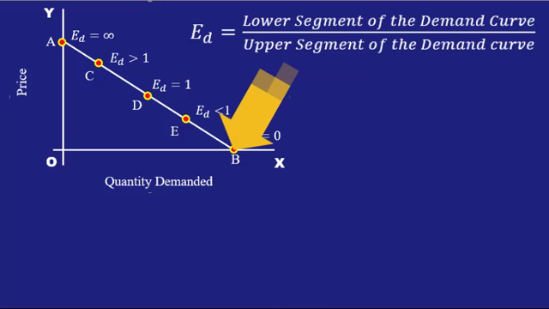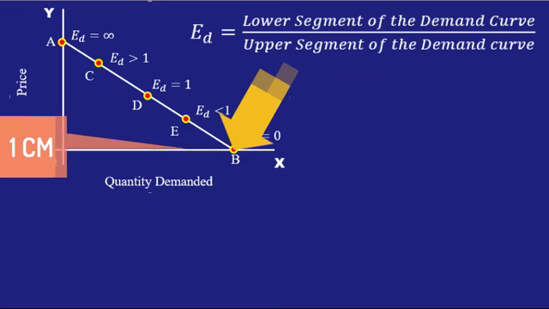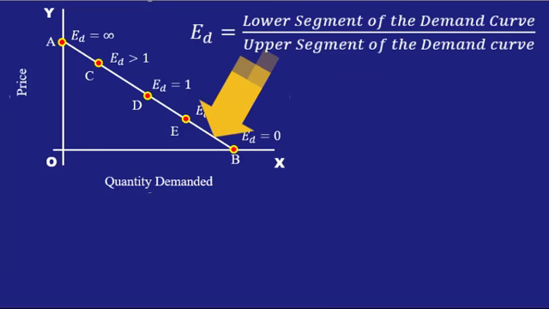Since we have assumed the total length of the demand curve is 4 centimeters and all the segments have equal length, then AC must be 1 centimeter, CD must be 1 centimeter, DE is 1 centimeter and EB is also 1 centimeter. Keeping this in our mind, we shall measure elasticity at point C.